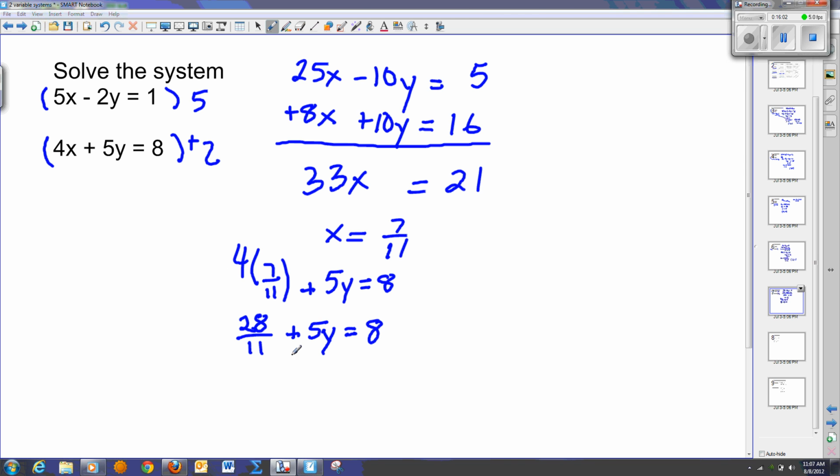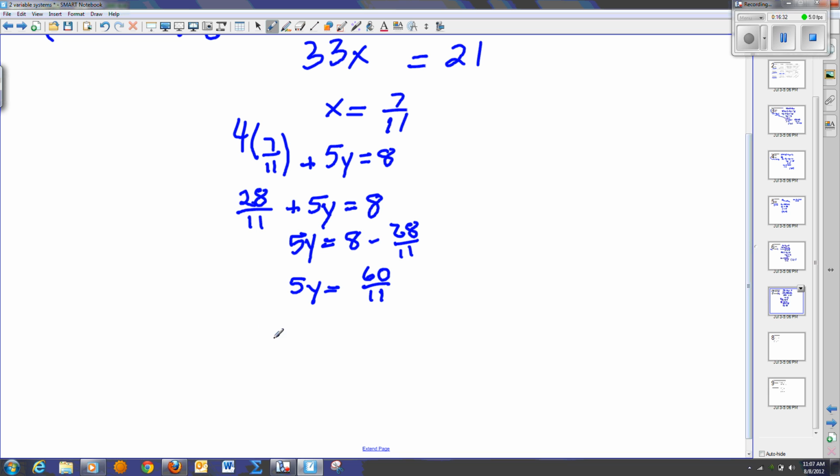I can take now 5y and find out what 8 minus 28 over 11 is. Use my calculator. If I want, I end up with 60 over 11. And then I have to take and solve that.